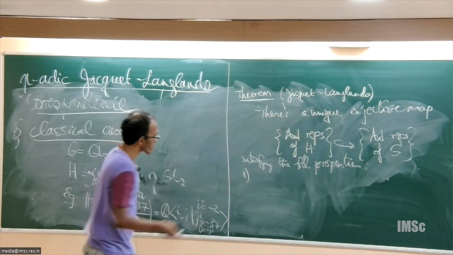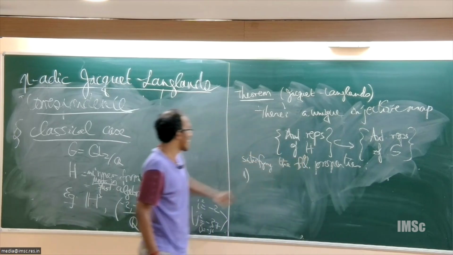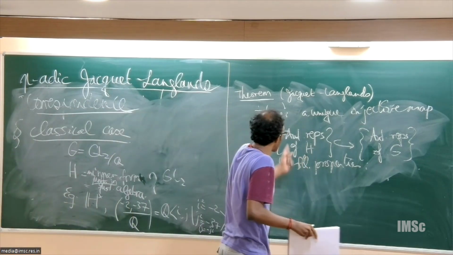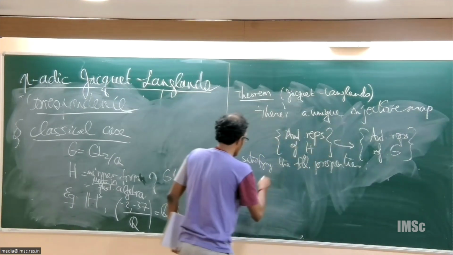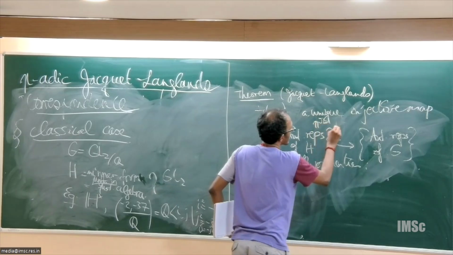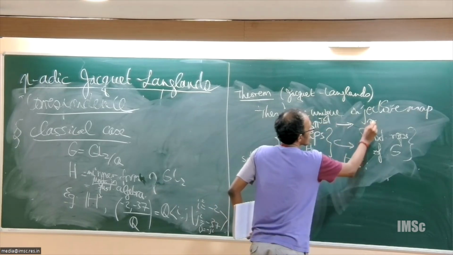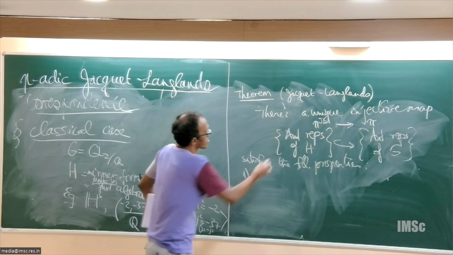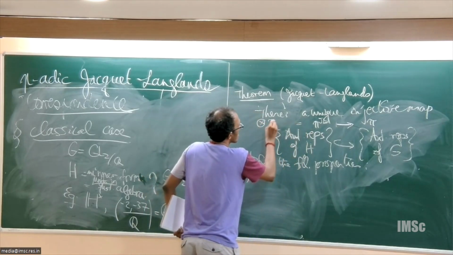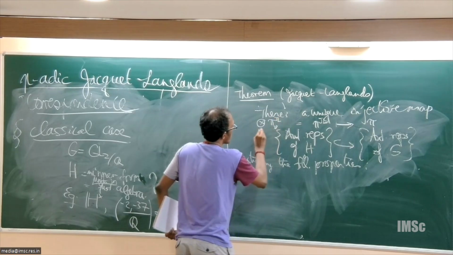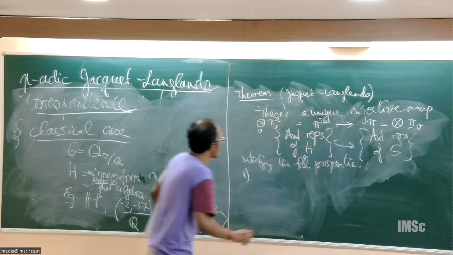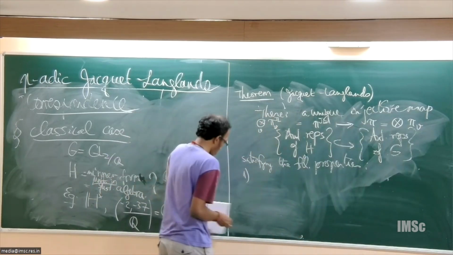Firstly, I was trying to mention that H has a set of places where it's ramified. Outside those ramified places, the local representation has not changed. So if I call this map pi goes to pi Jacquet-Langlands, where pi is an automorphic representation on H, as such it has a tensor product decomposition, like so. And the characterization is in terms of these local components.